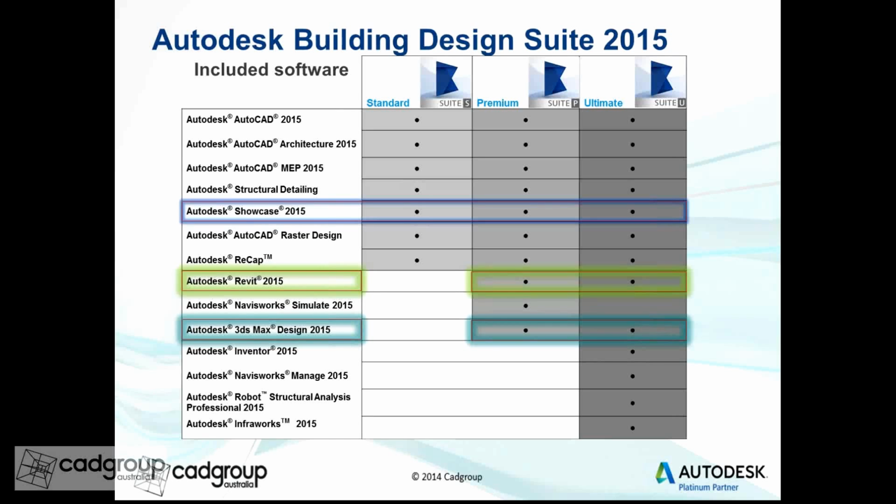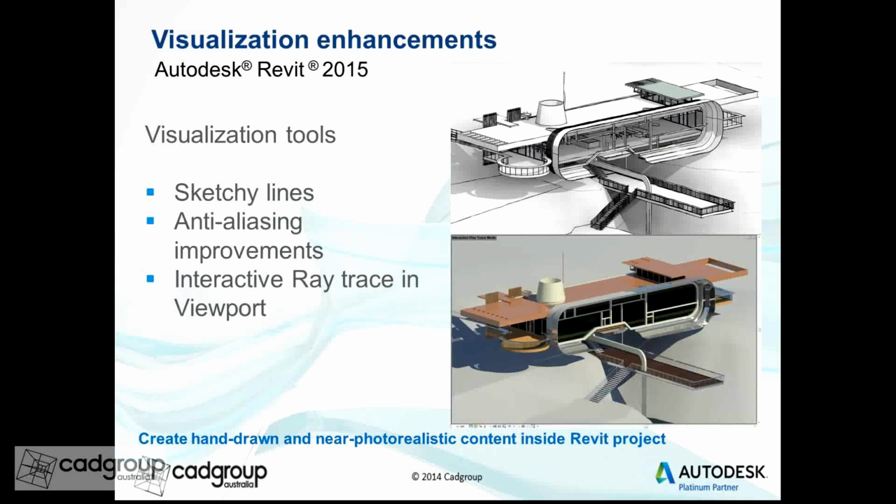The top edition is Building Design Suite Ultimate, where we have some other professional software for structural analysis called Robot Structural Analysis. They have Inventor, as well as InfraWorks 2015.